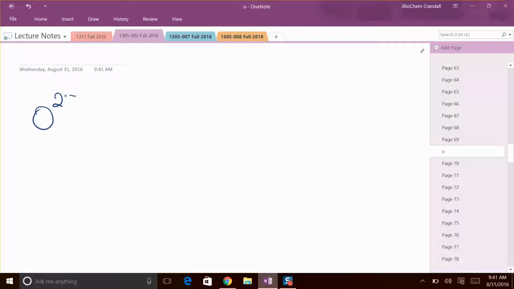Let's write the electron configuration of O2 minus. 1s, 2s, 2p, what? 6. 2p6 because I gained 2 electrons, right? I went from here to here. So it's not 2p4, it's 2p6. That's the electron configuration of O2 minus. I fill in 2, 2. Who else has that electron configuration?